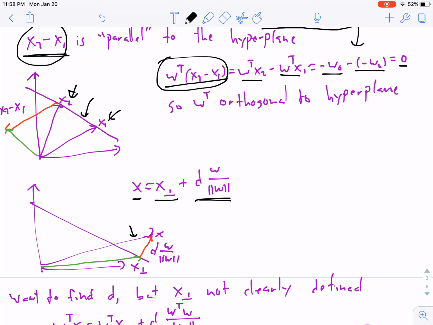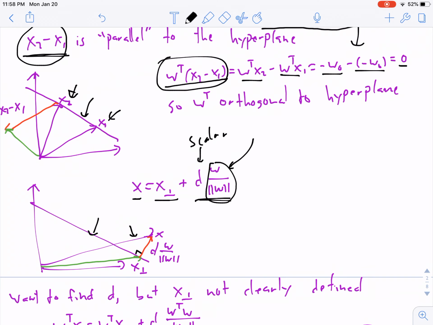We have this x vector in purple, we have the hyperplane in purple, and then in green we have x projected into the hyperplane, and in red we have a vector that's orthogonal to the hyperplane. So remember our previous claim, w is orthogonal to the hyperplane, and we've just divided by the norm of w, so that w over norm of w is the unit vector.